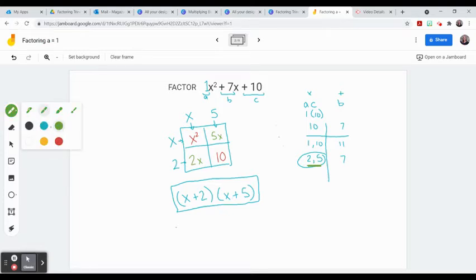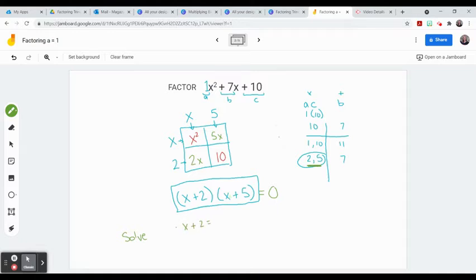But what if it said to solve, which means what values of x would make these work? So when you're doing that, you're saying, if it equals 0, what would each one of these be? Well, according to the 0 property, that means one of these would have to be 0. So let's set them equal to 0.